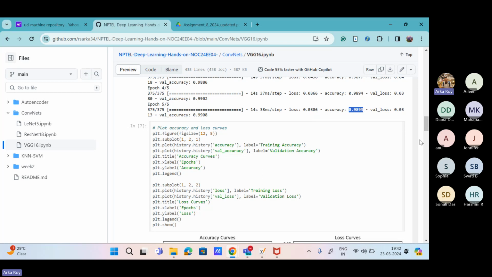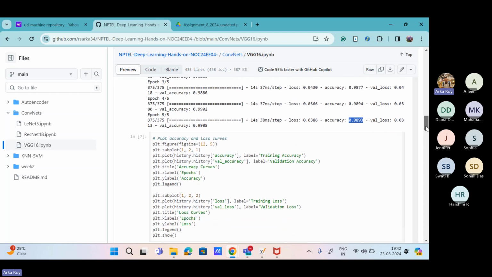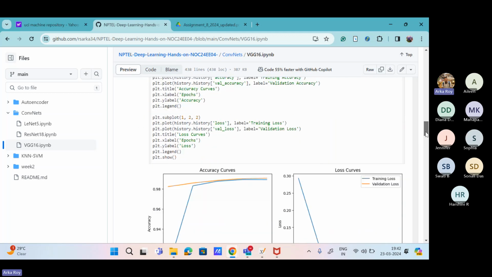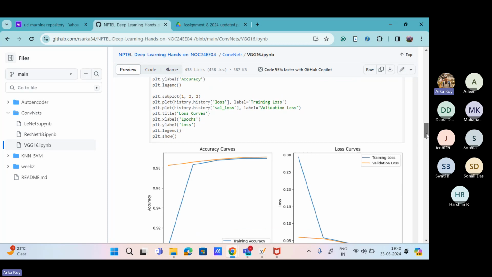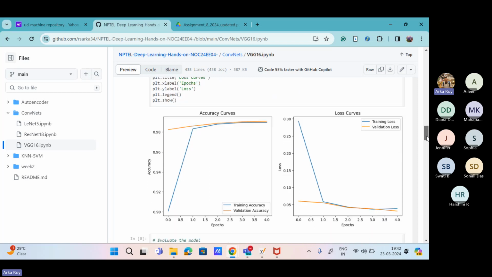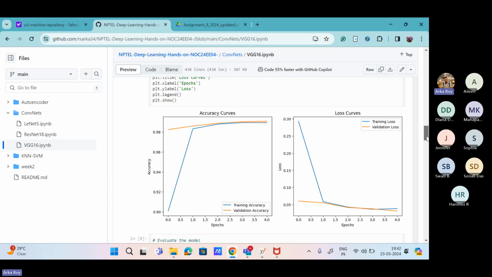But keep in mind that we are working on the MNIST dataset. MNIST is a very ideal dataset. It is not skewed to any particular class. However, in real life, in your research problem, you will come across several datasets which are skewed, which have data imbalance, and there achieving this high accuracy is very difficult.